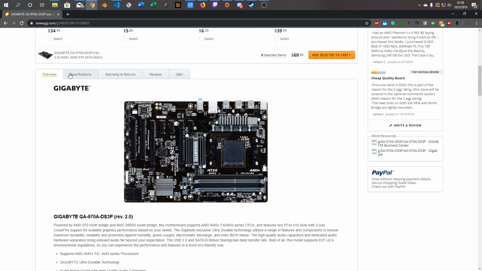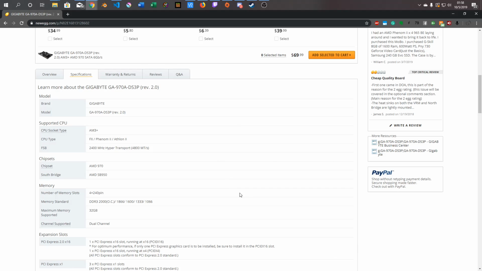Okay, specifications. What we're looking for here is the PCI bus and the memory standard. Because those two will determine, the PCI bus will determine what graphics card you can buy. I should restate that. PCI is backwards compatible.